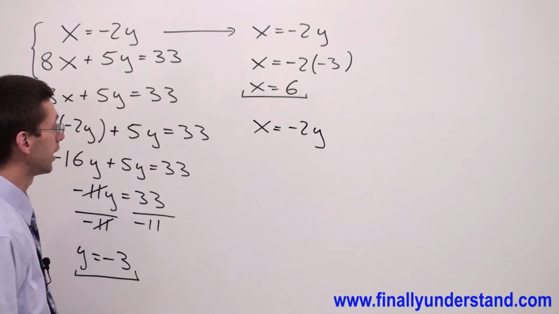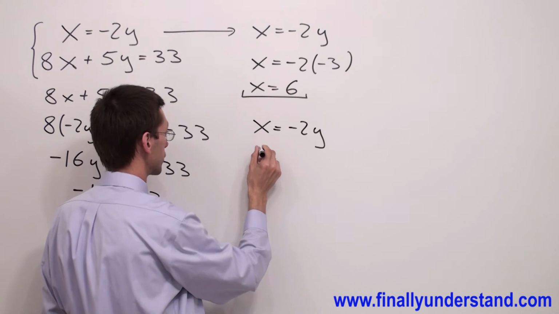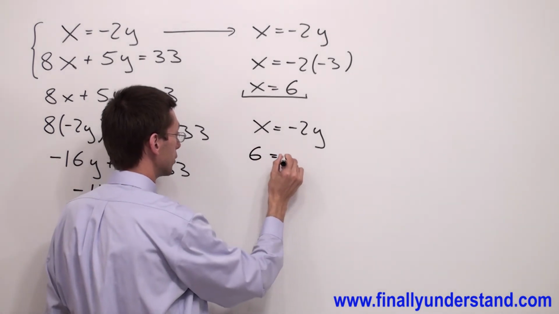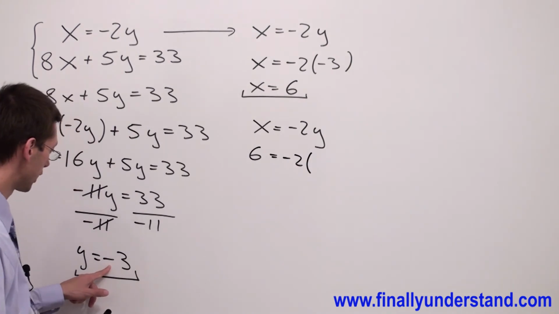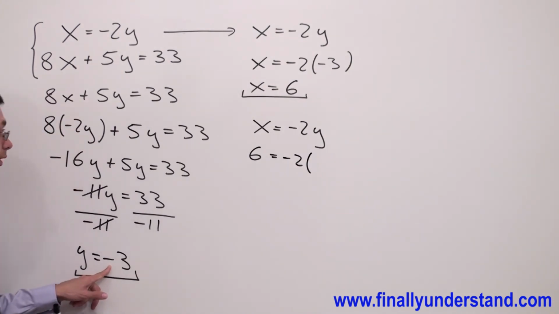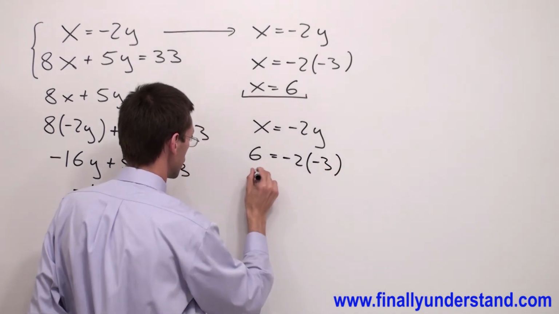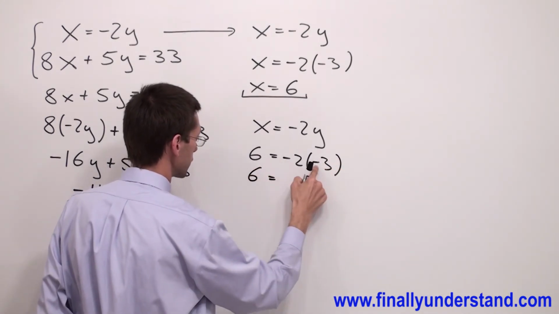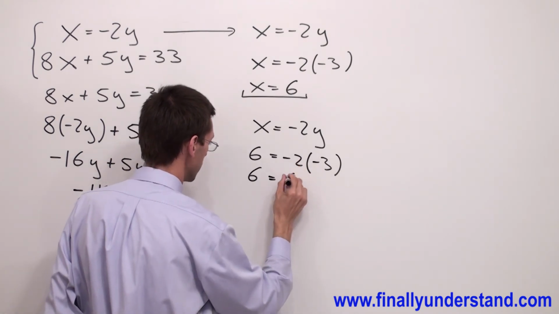We found that x is equal to 6. So I have 6 equals minus 2 times y. Y is equal to negative 3. That's why I'm going to have negative 3 over here. 6 is equal to: negative times negative gives me positive, 2 times 3 gives me 6.